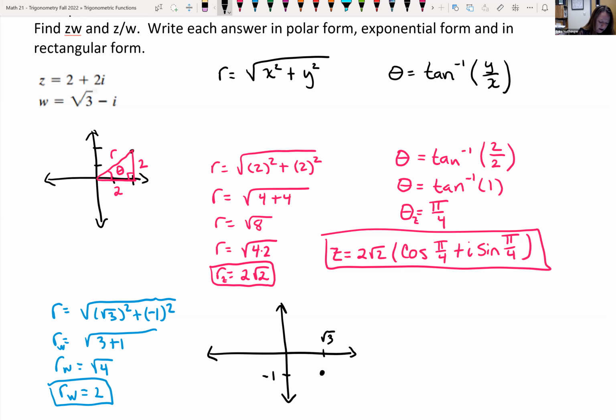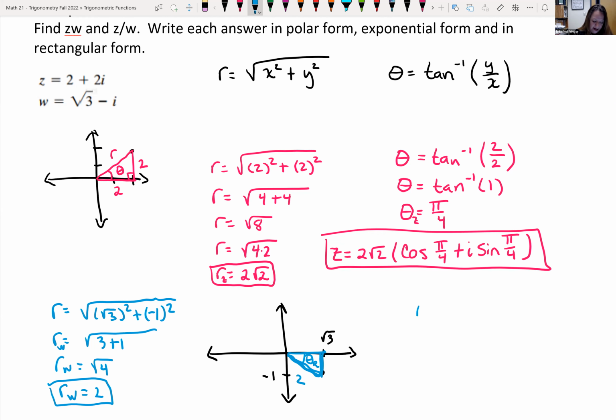So I'm in here in the 4th quadrant. So we need to be careful when we're looking at our value of theta and know that we're in quadrant 4. And so we have what our r value is, we saw was 2. So I'm looking at my reference angle here. I'm going to call it theta sub r for reference angle.